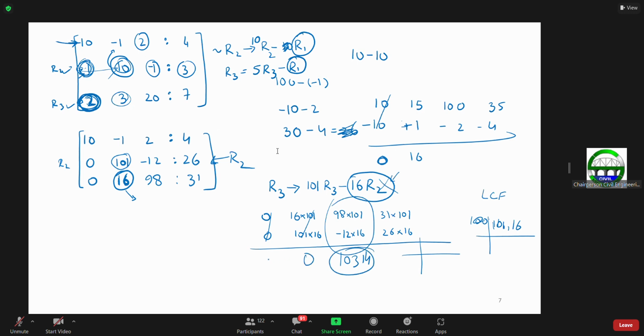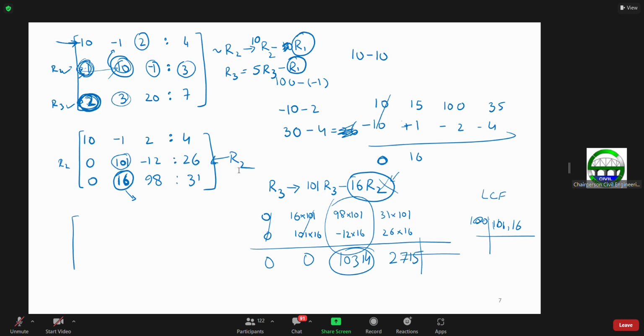This one 0, this one will be 0, and then finally this one 31 into 101 minus 26 into 16. It will be 2715, right?